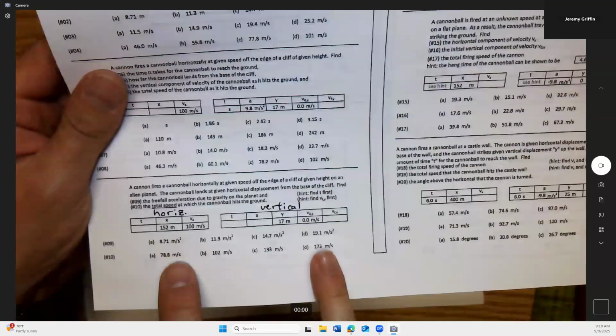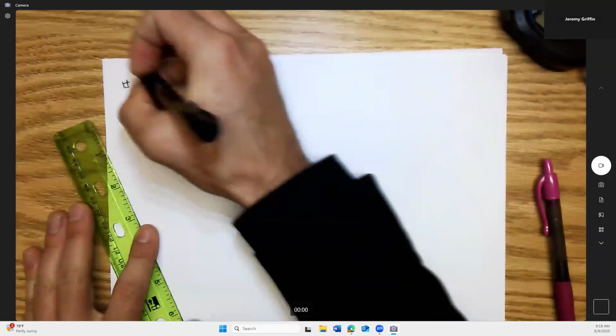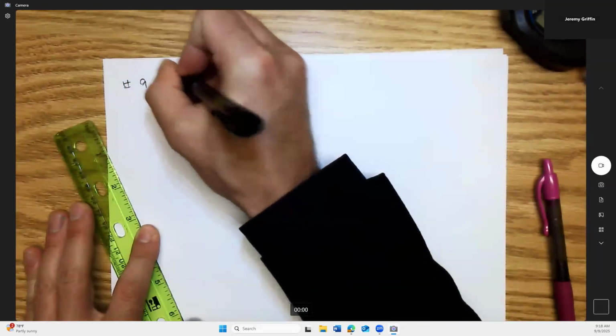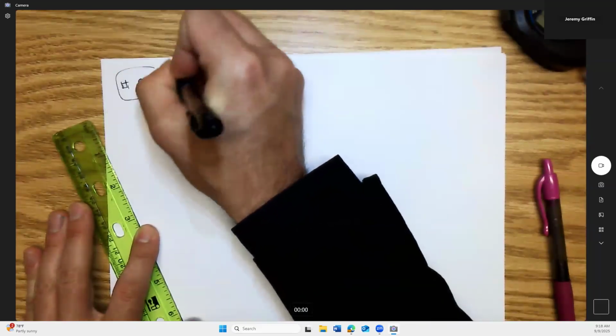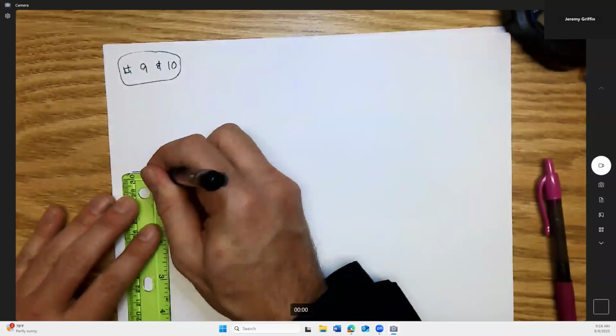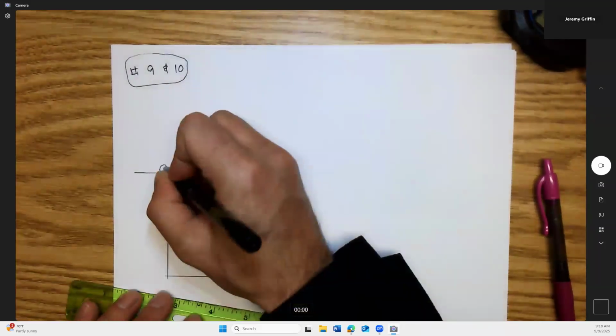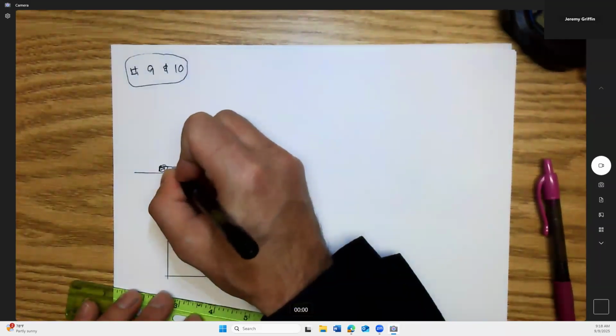Okay, so I'm just going to take the scenario, draw the picture, and we'll see what's next. This is number 9 and 10 on the projectiles. We've got a cannon aimed straight horizontally, just like your lab tomorrow.